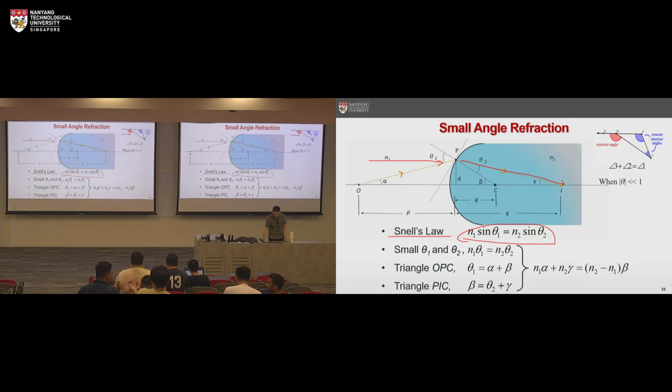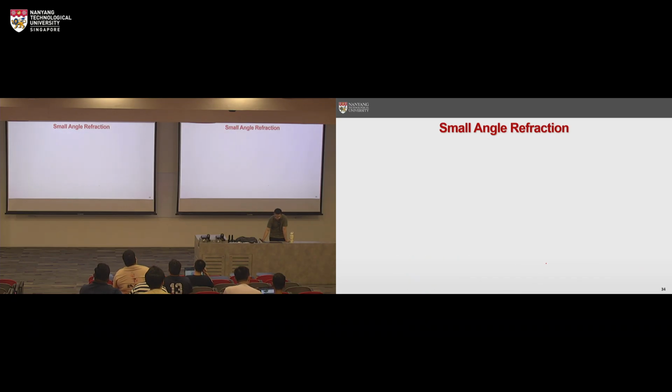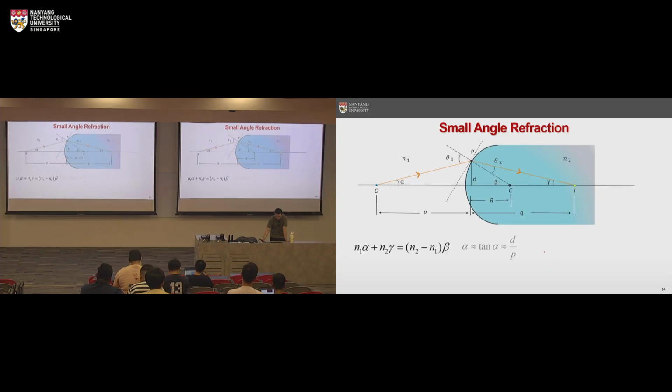And then if you take a lot of assumptions, where the two angles, the incident angle and the refraction angle, are very small, and take advantage of all these triangles. Okay, if you're interested, you can try to follow this loop. If not, you can pay attention to the results.